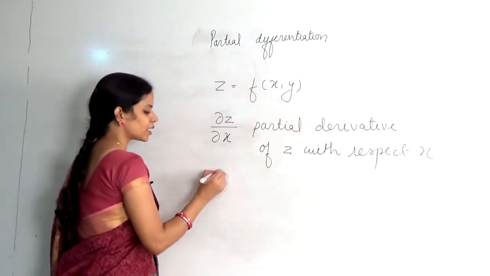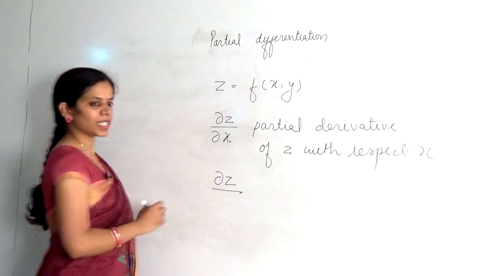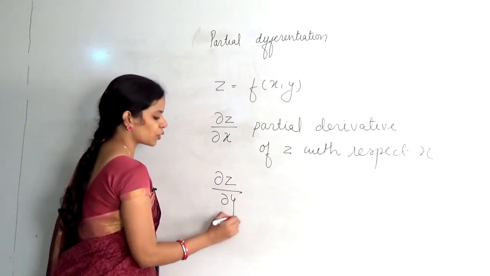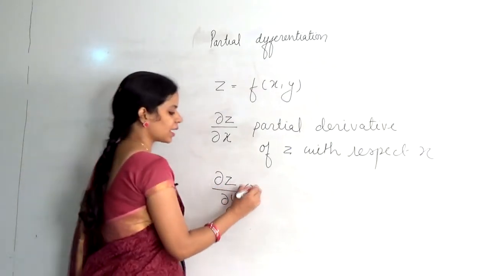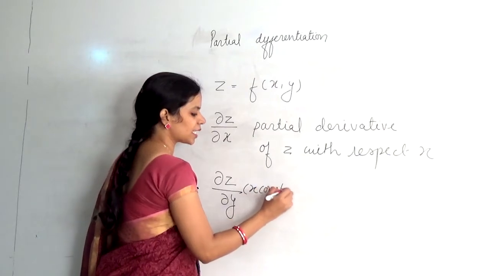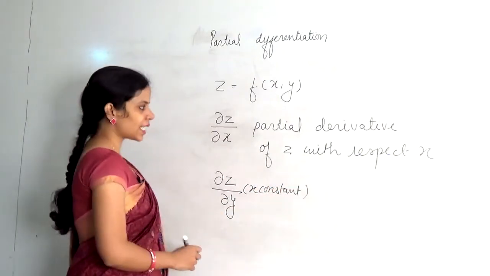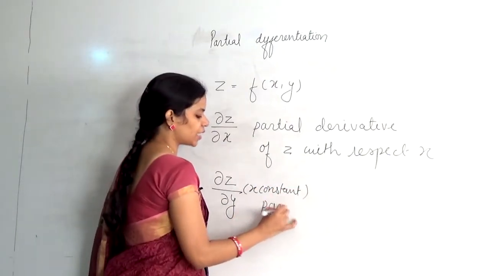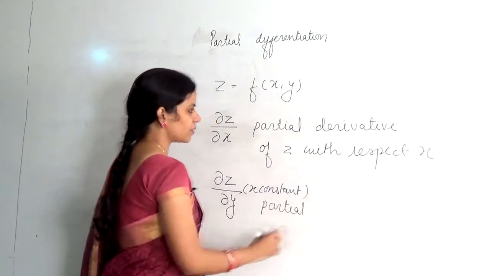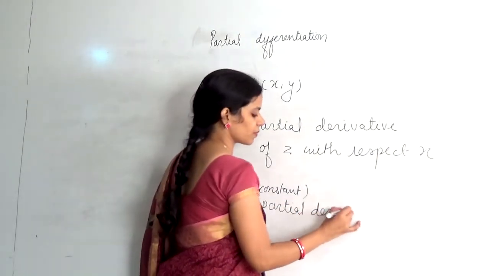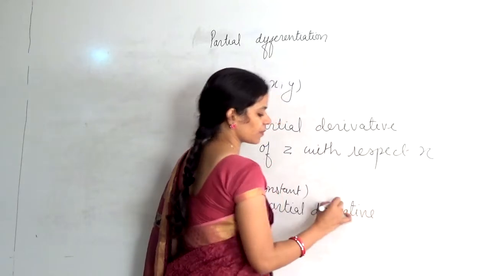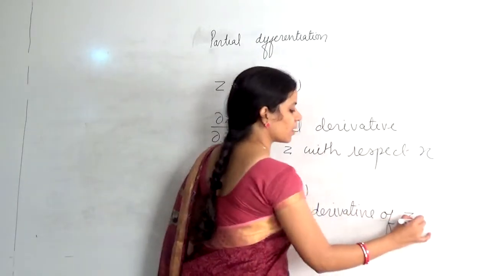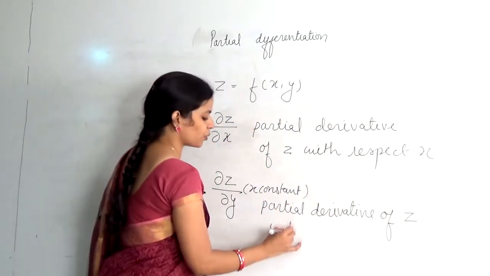And if we differentiate z with respect to y by keeping x constant, then we call it the partial derivative of z with respect to y.